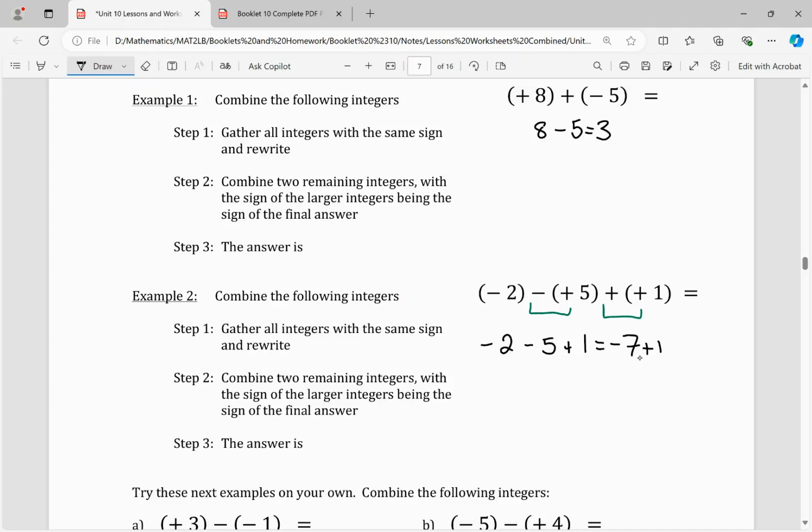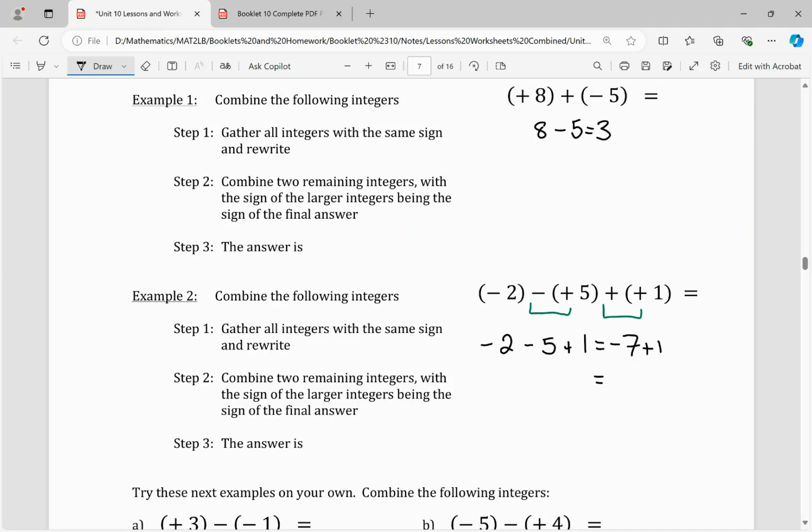So now we're at negative 7 and we're adding 1. So we're very much negative. We're below 0 all the way at negative 7, but we're moving a little bit closer to 0. Another way of thinking about it is we have a negative 7 and we have a 1.